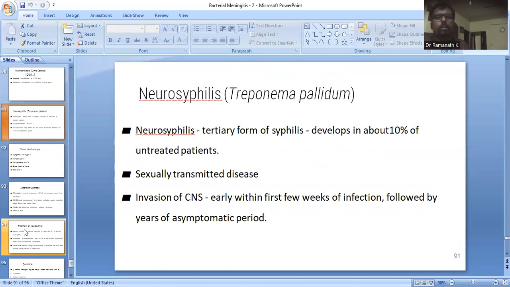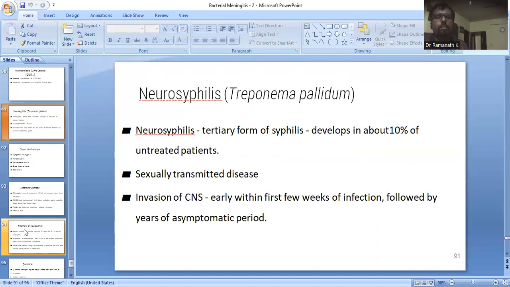The third important causative agent of chronic meningitis is Treponema pallidum, where in the stages of syphilis, neurosyphilis is a condition where you can see this complication. Neurosyphilis occurs during the tertiary form of syphilis, developing in about 10% of patients who are untreated for syphilis.